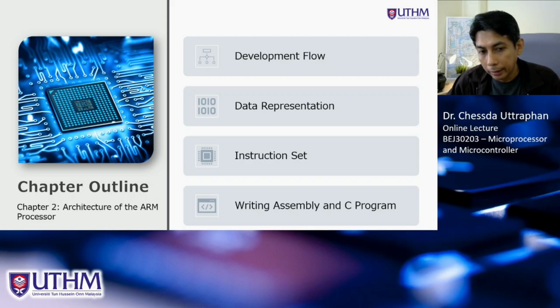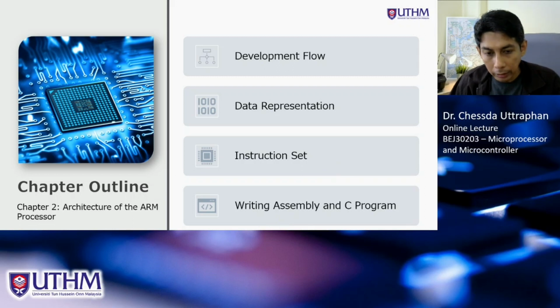And after we learn the instruction set, not all actually, because we have a very large number of instructions. We will learn the most important ones, the commonly used instruction set, and after we learn this, we will write the program.